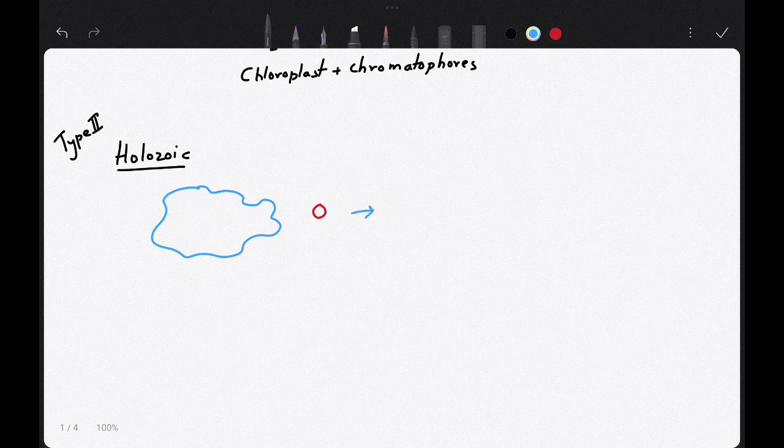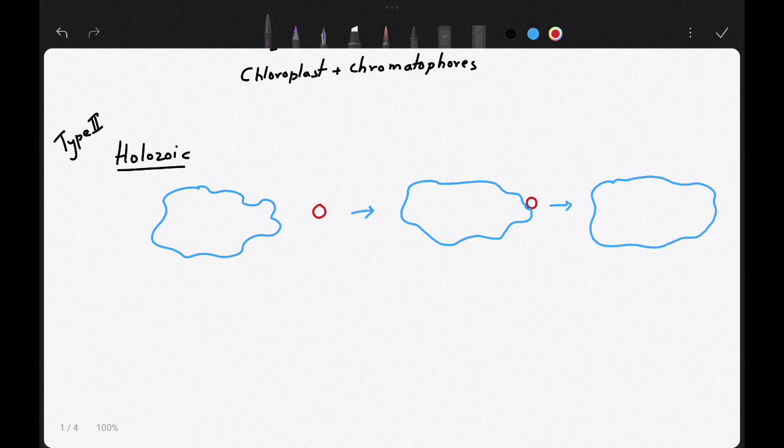The amoeba will move forward towards the food and attach to it, and in the next stage it will engulf the food. This process is called phagotrophy.